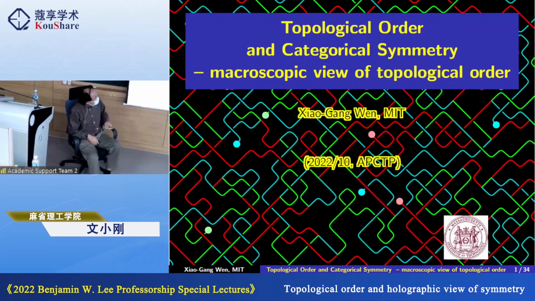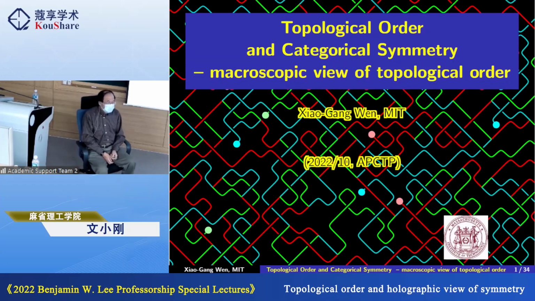Okay. So in the last 3 hours, we discussed spontaneous breaking and some kind of microscopic description of topological order, using the entanglement or quantum information point of view or lattice models. Those discussions try to build some experience or examples for the more abstract and macroscopic description of topological order.